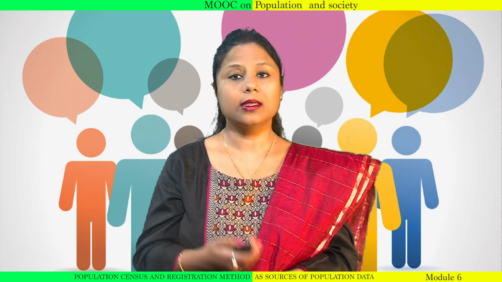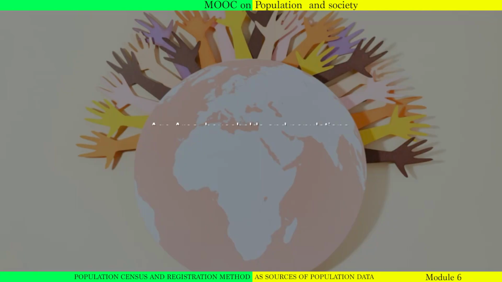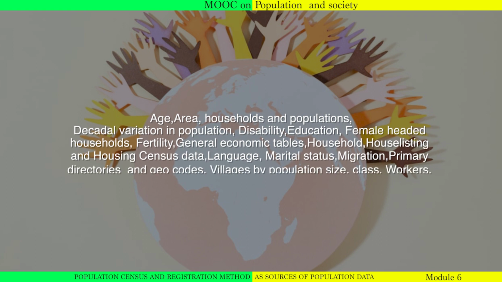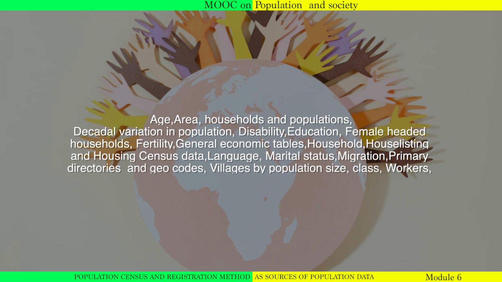So we have discussed some of the details about Indian censuses in the post-independence period, and at present we have census data series on different aspects of the Indian population like age, area, household populations, decadal variation in population, disability, education, female-headed households, fertility, general economic tables, household, house listing and housing census data, language, marital status, migration, scheduled caste, scheduled tribe, slums, towns, village directories and geocodes, and so on.